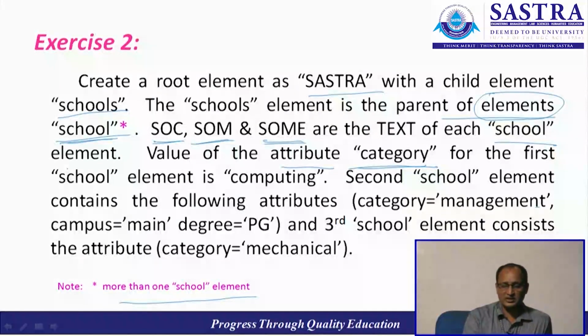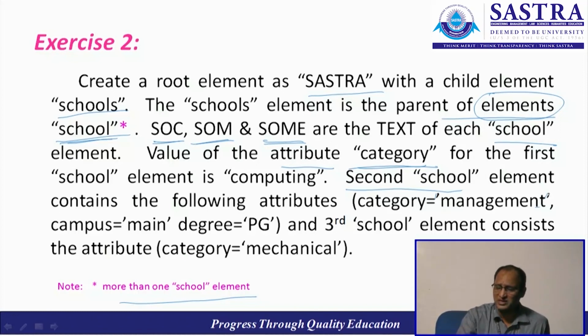Coming back to this, based on this content, the second school element contains the attributes category as well as campus. Here you should note one more important thing. In this exercise I have given the value in single quotes. While making an attribute, it should be double quoted.